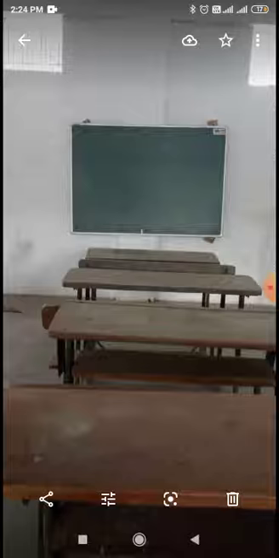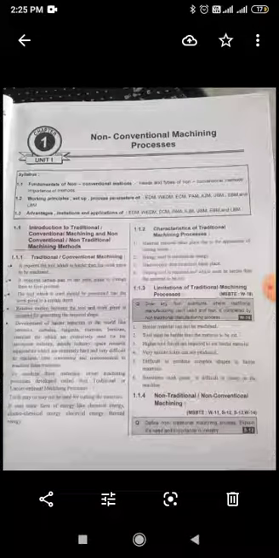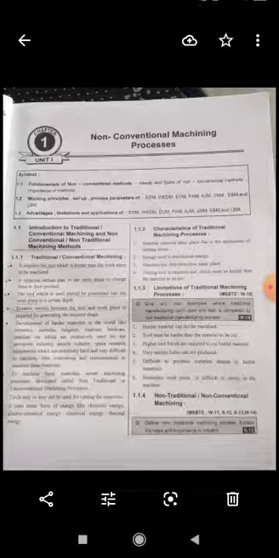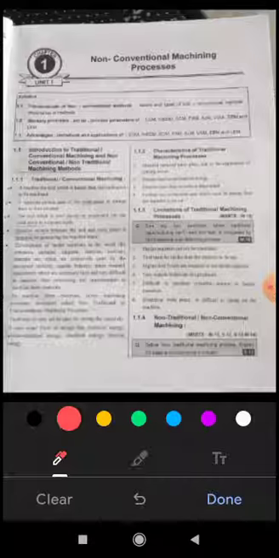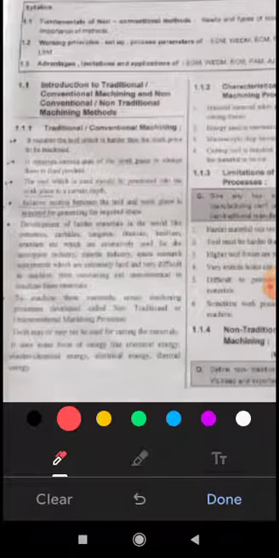These are the things which we have to study in this particular subject, advanced manufacturing processes. From this first lecture we are going to study non-conventional machining process.